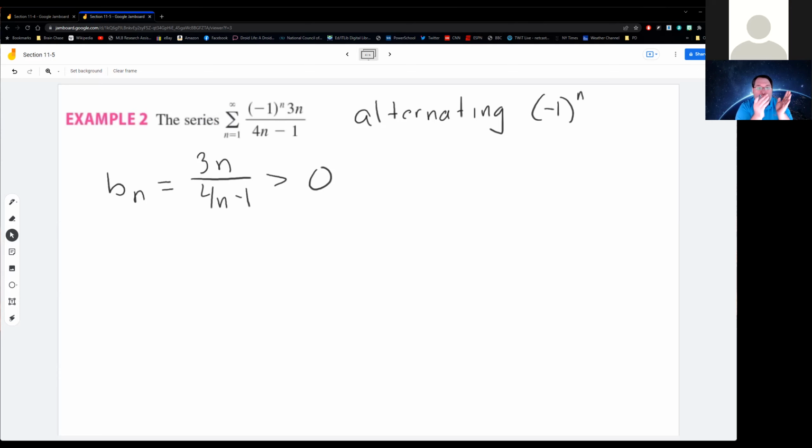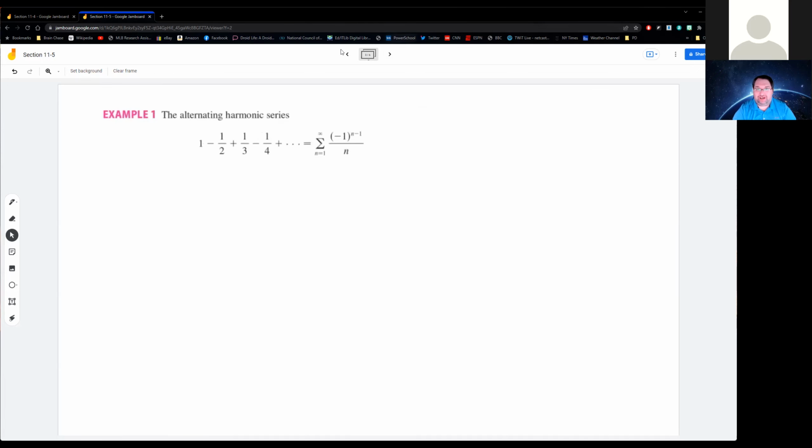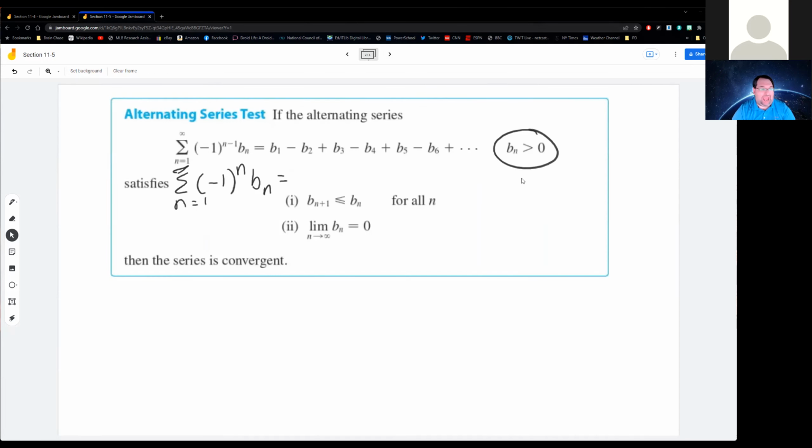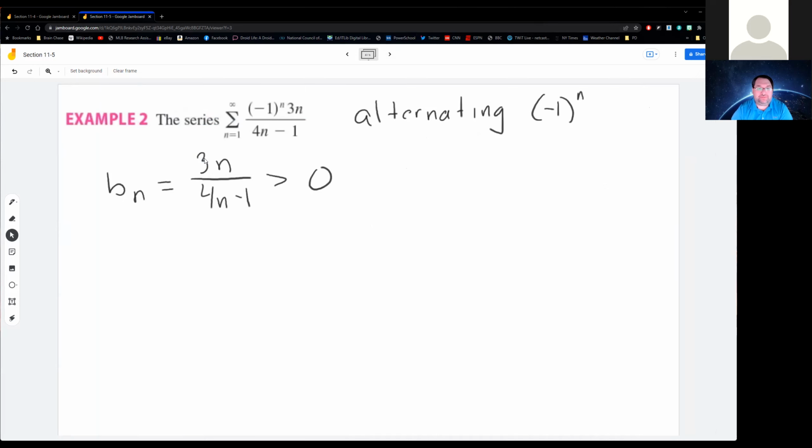That's why I said when they're saying Bn, that part right there, that Bn is greater than 0, you're never going to fail that condition. Because this Bn is never going to have a negative sign in it, because we've removed that from the alternating piece. And n can never be less than 1 because of how the series works.